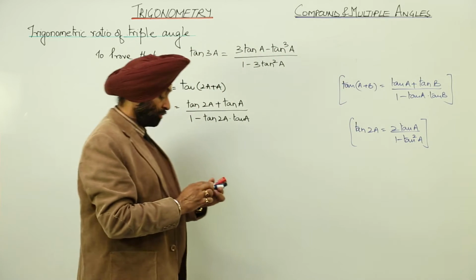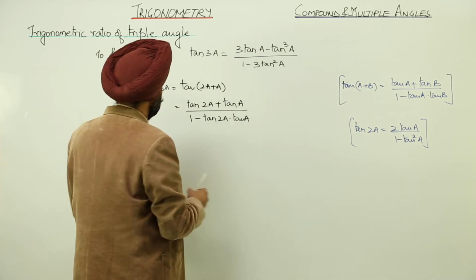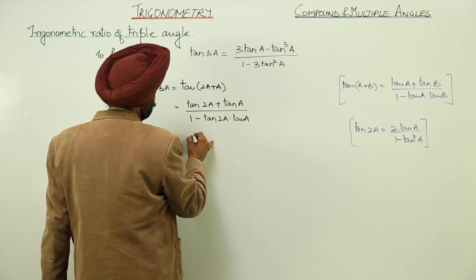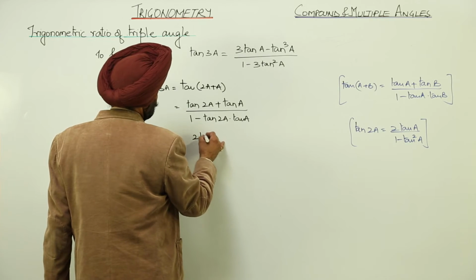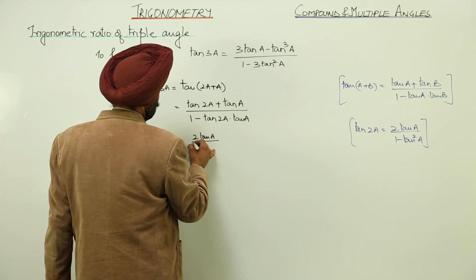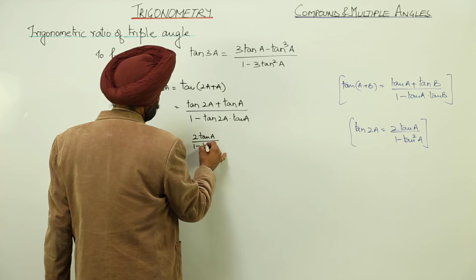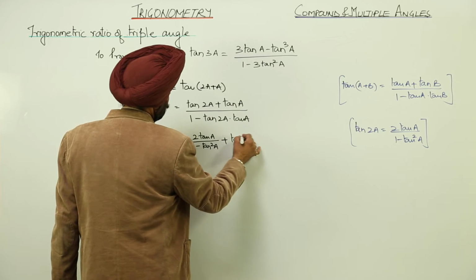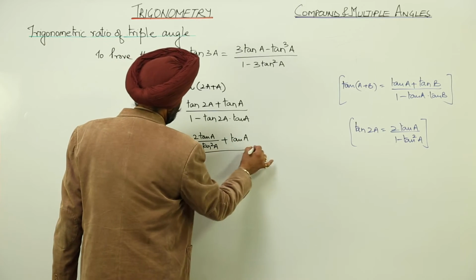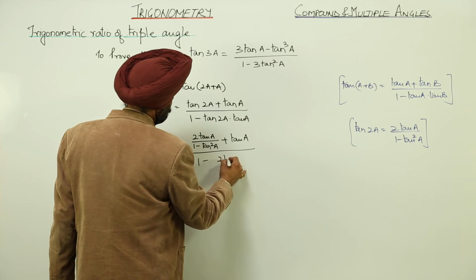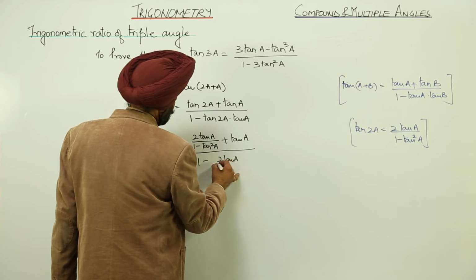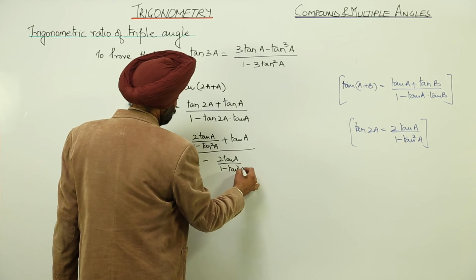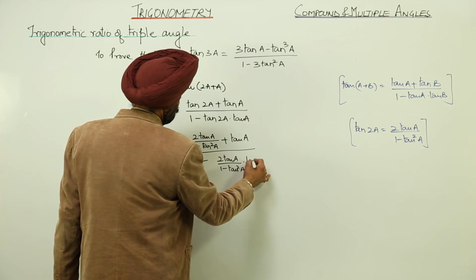Now substituting this formula, we are getting: 2 tan A upon (1 minus tan square A) plus tan A, upon 1 minus (2 tan A upon (1 minus tan square A)) times tan A.